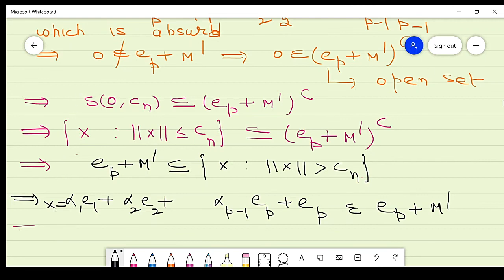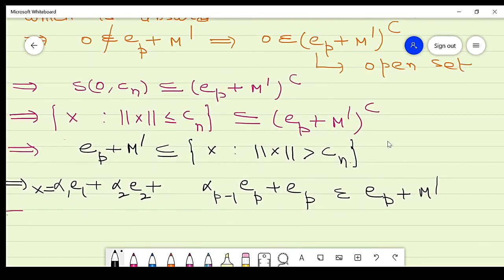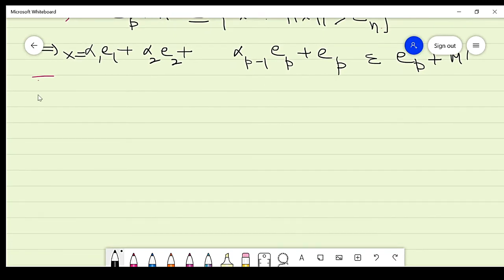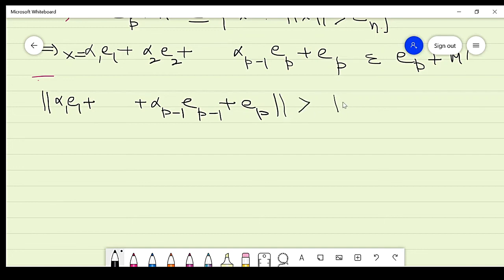If it satisfies this condition, then it means norm of X, which is alpha 1 E1 plus so on, alpha P minus 1 EP minus 1 plus EP, is greater than norm of Cn, which is absolute value of Cn.